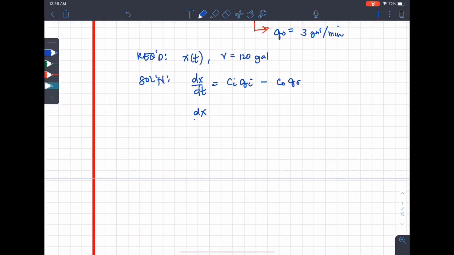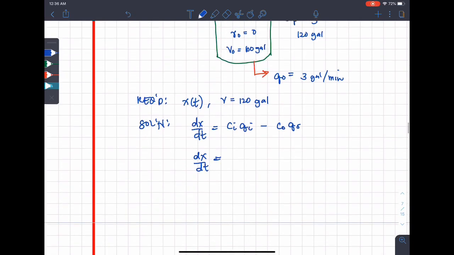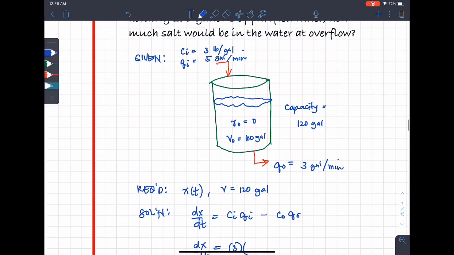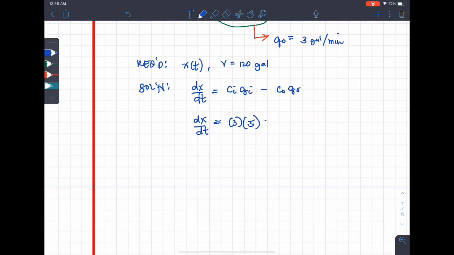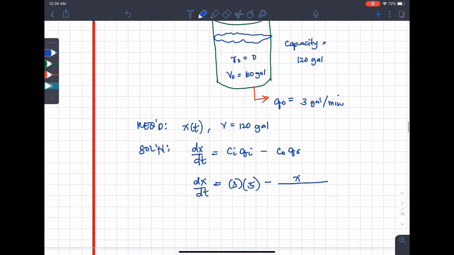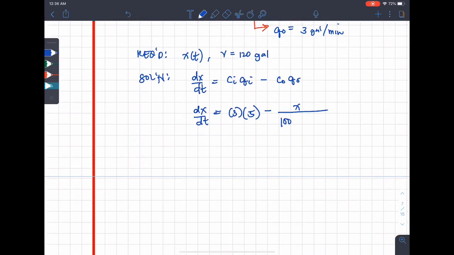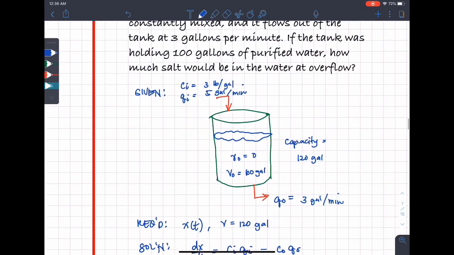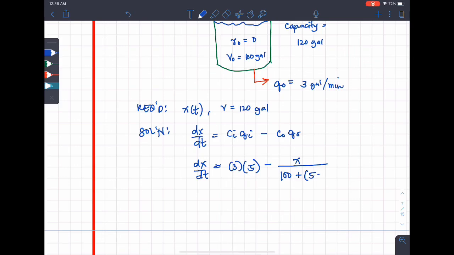So dx over dt is equal to our input concentration 3 and qi is 5 gallons, minus q out, that would be x over our initial volume 100 plus, qi is 5, minus 3, times t, and then multiplied by our q out, which is 3.